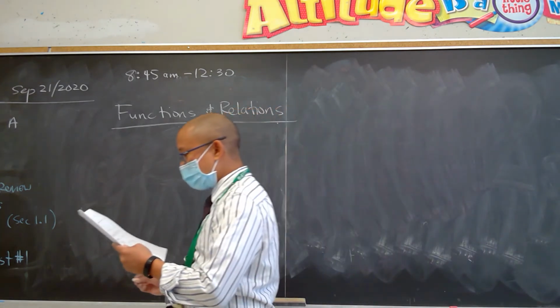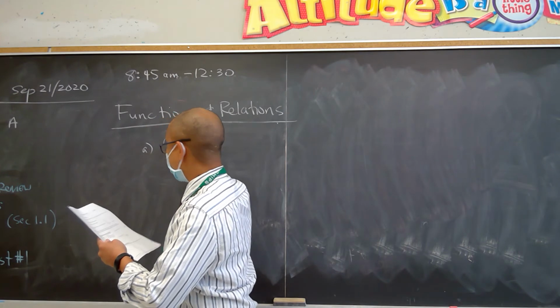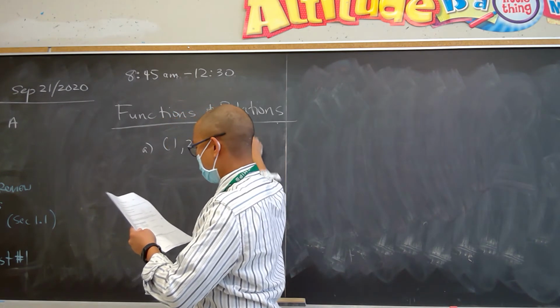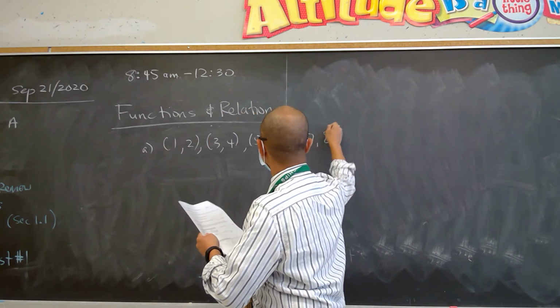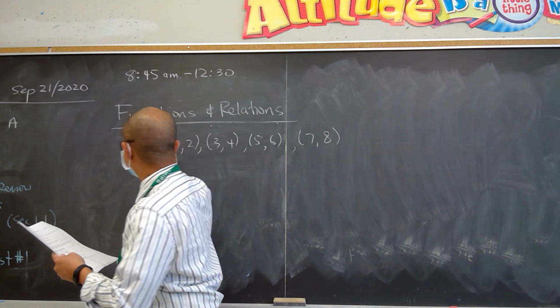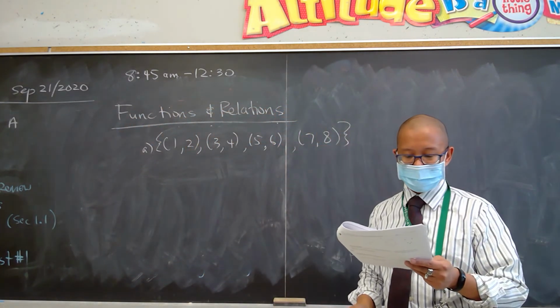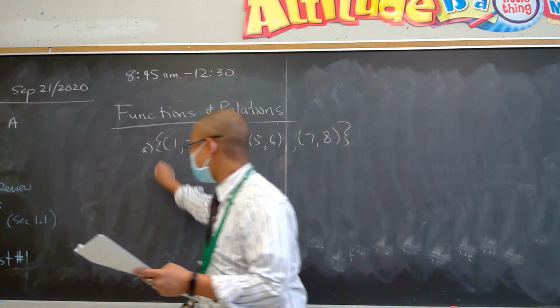So notice they gave you for question A, given the relations, and I'll just recopy the question. 1, 2, 3, 4, 5, 6, and then 7, 8. Technically, there should be a set, these set parentheses. Look at that. So it says for question 1, graph the relations on the given grid.